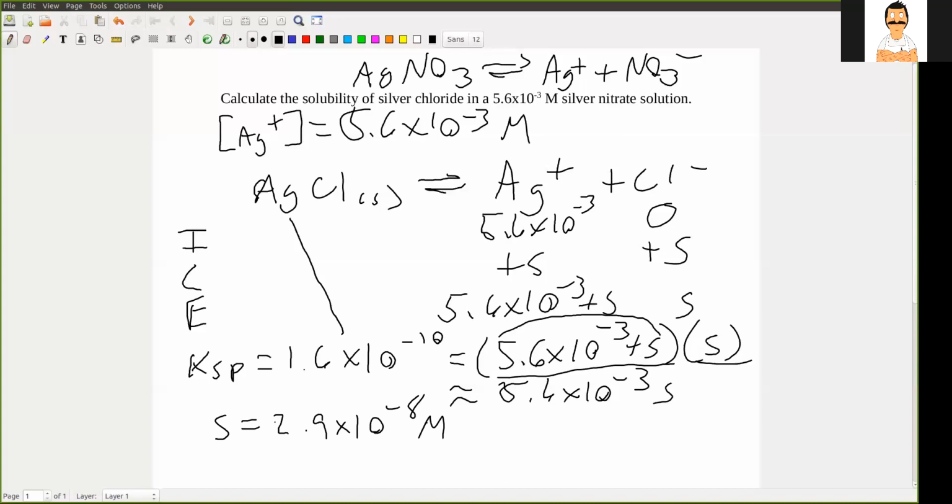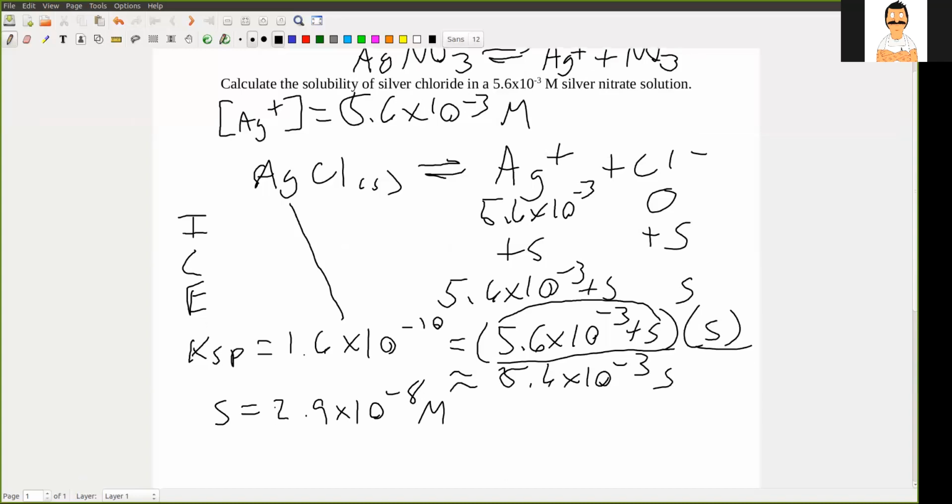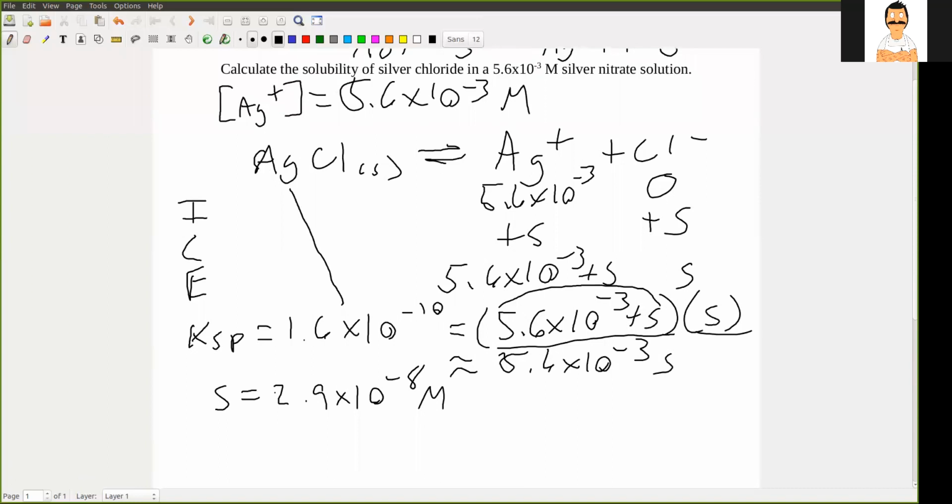So to find the solubility of silver chloride in this silver nitrate solution, we simply take our S, which is the concentration of chloride ions, and we multiply it by the molar mass of silver chloride.